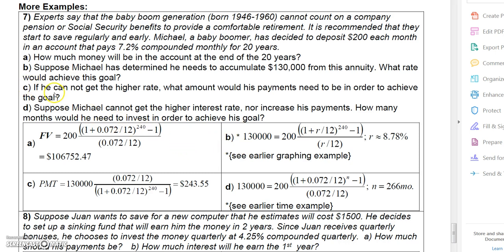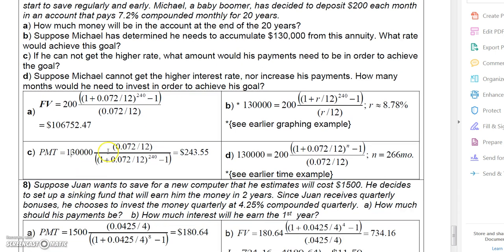Now another way that he could increase his future value is to change the payment amount. So let's assume that he can't get the higher rate. So let's assume that the rate has to stay at 7.2%, and then let's solve this as a sinking fund and find out what he would have to change his payment to in order to get $130,000.